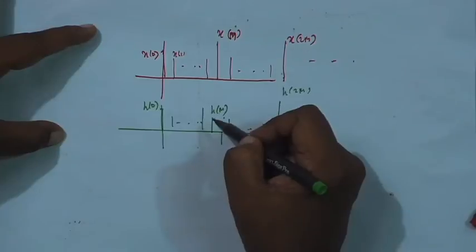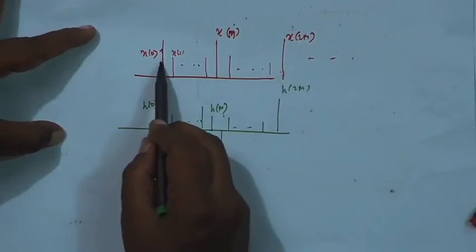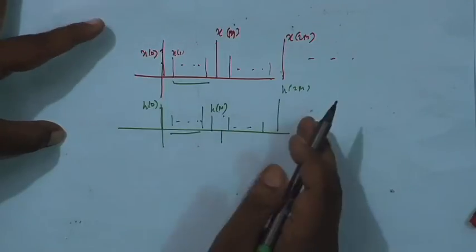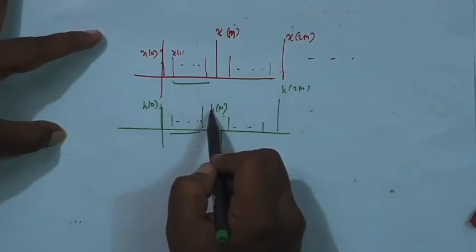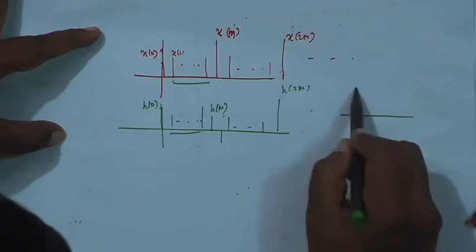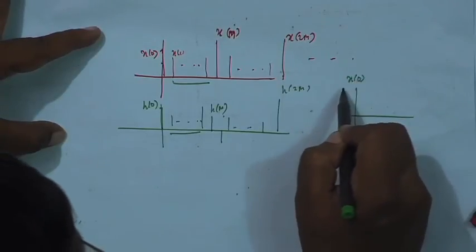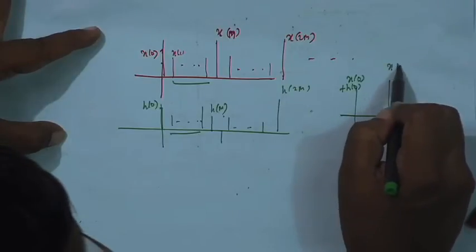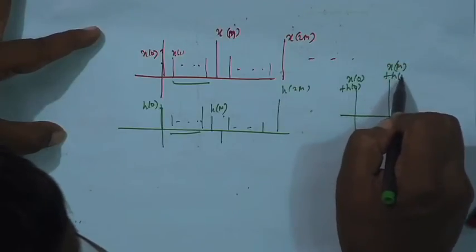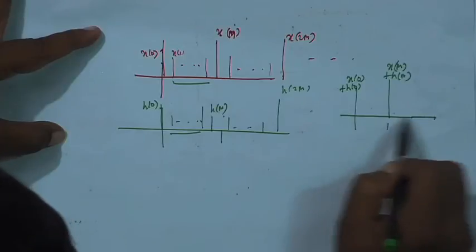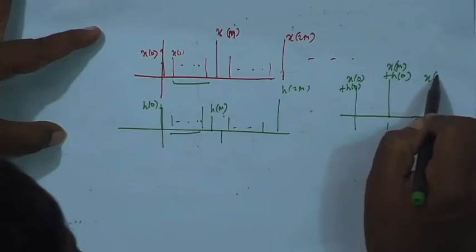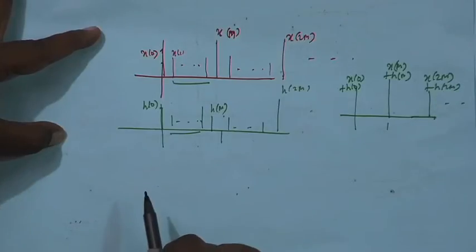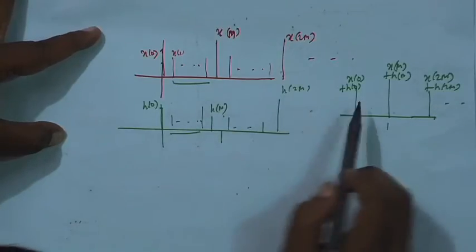Suppose you first add and then decimate, you will have x0 plus h0, then next M minus 1 samples you throw away, then take xM plus hM. So, you will have x0 plus h0, then first sample will be xM plus hM, because you are throwing out the intermediate samples, then will be x2M plus h2M dot dot dot. So, if you add and then decimate by M, this is what you will get.